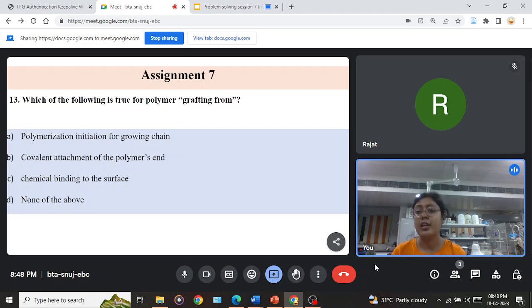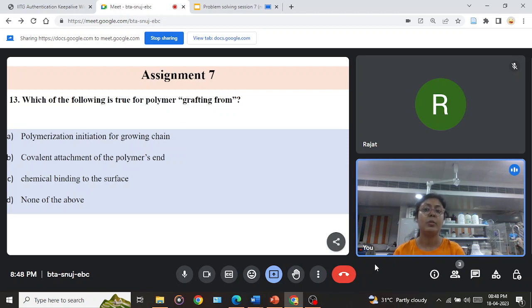Okay, so option A, polymerization initiation for growing chain, is actually the correct answer, that is grafting from. Grafting to is the covalent attachment of the polymer's end towards the surface, whereas grafting from is the polymerization initiation for the growing chain.